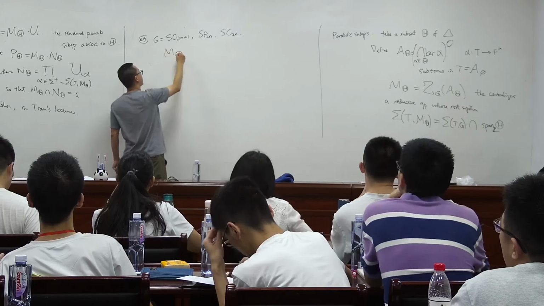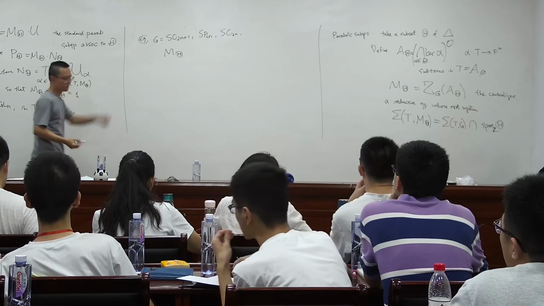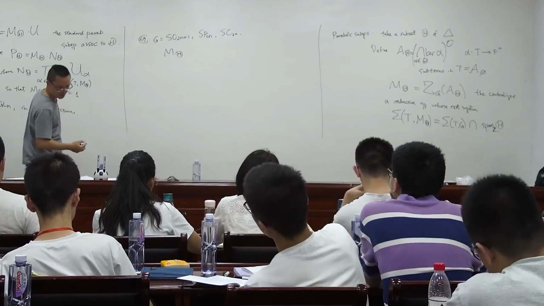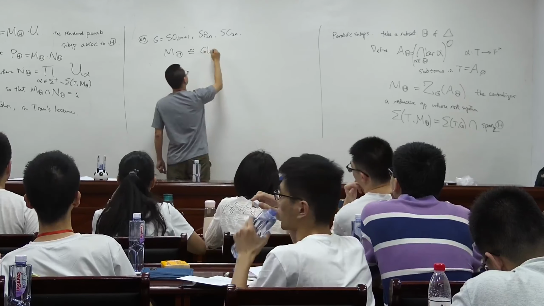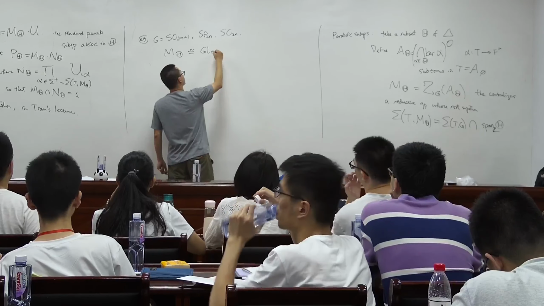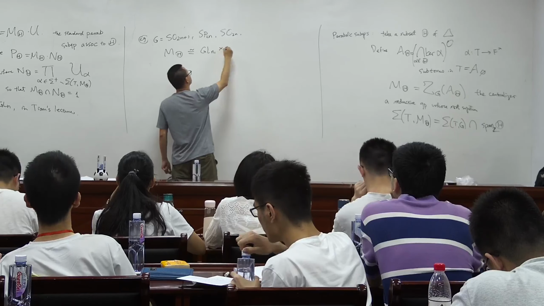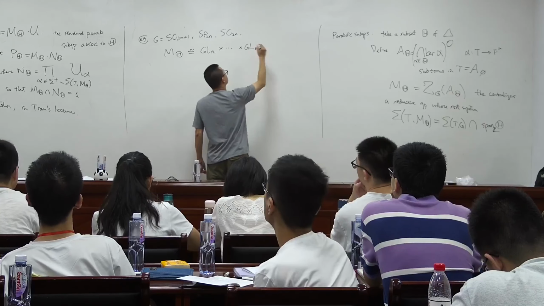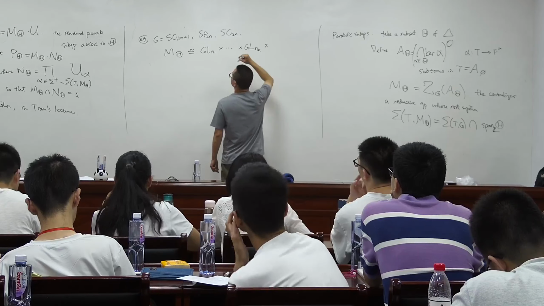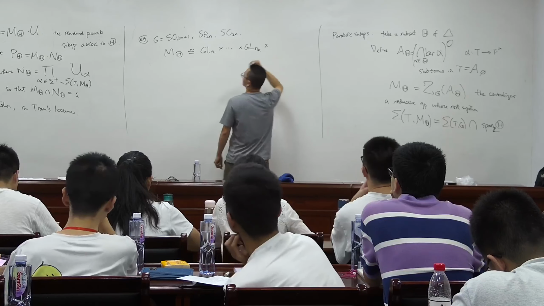So I just write down M theta, and you know how P theta looks like. M theta is isomorphic to a bunch of GL_{n_1} through GL_{n_k} cross.